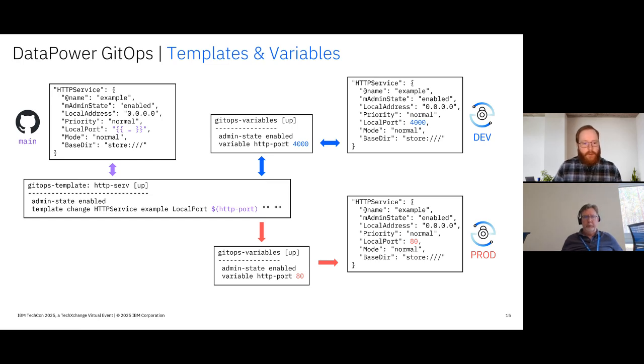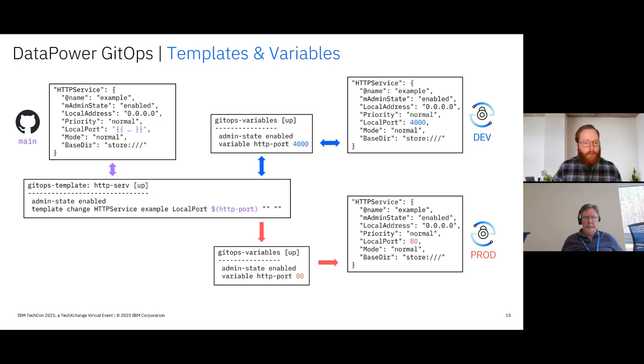All right, so there's a lot to look at here, but on the top left, we can see a front-side handler, an HTTP front-side handler or a service. And we can see that the local port has been templatized. So this configuration would have been pushed up to Git using a template so that that port could be configured per device.